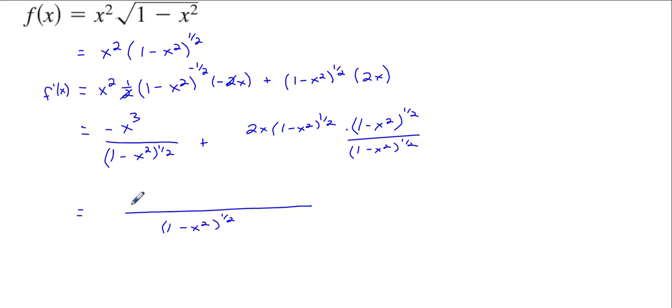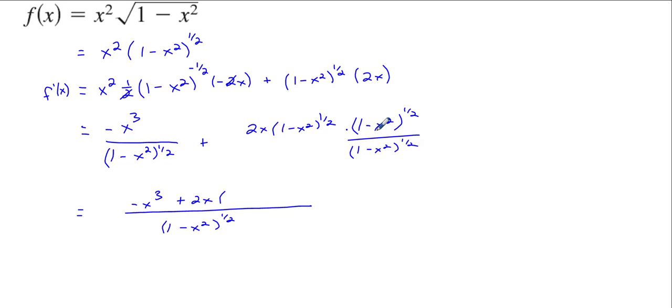Okay, so we have negative x cubed plus 2x times whatever the product of 1 minus x squared to the 1/2 times 1 minus x squared to the 1/2 power is. There are two ways to think about this. Number one, they're like bases, right? 1 minus x squared is the base.